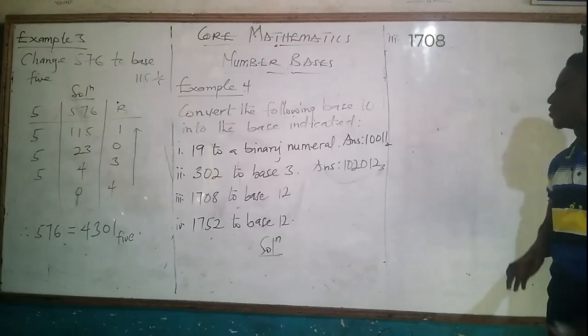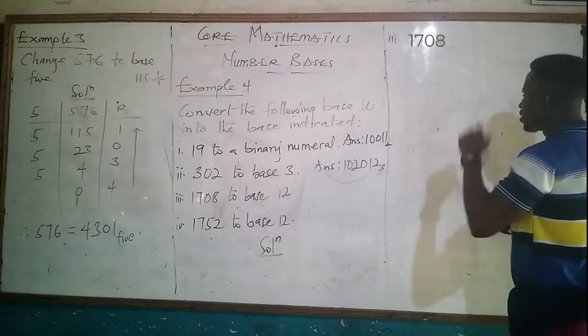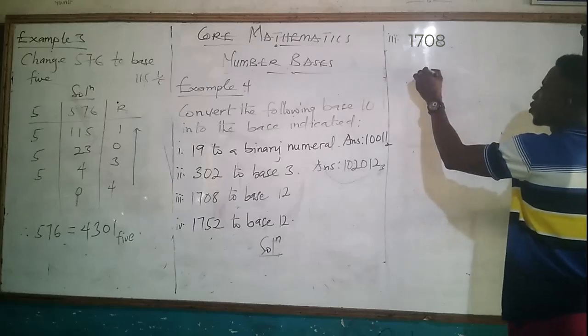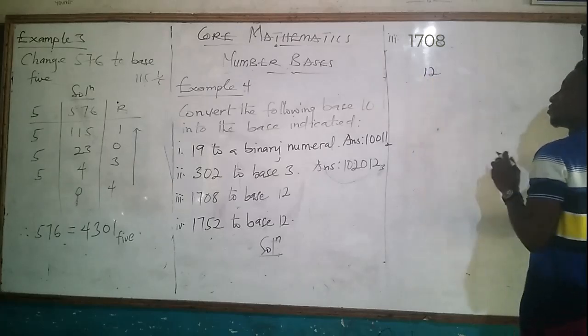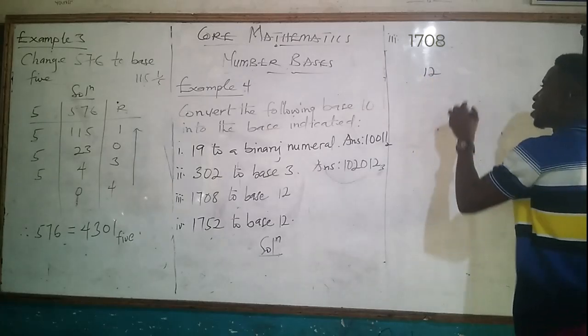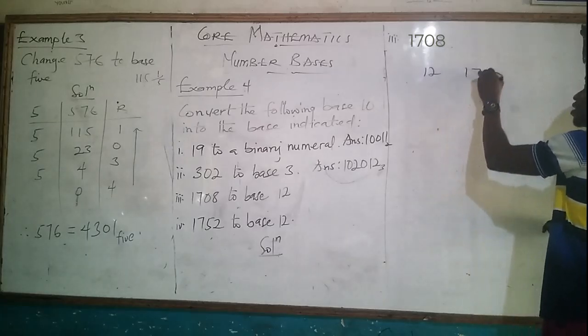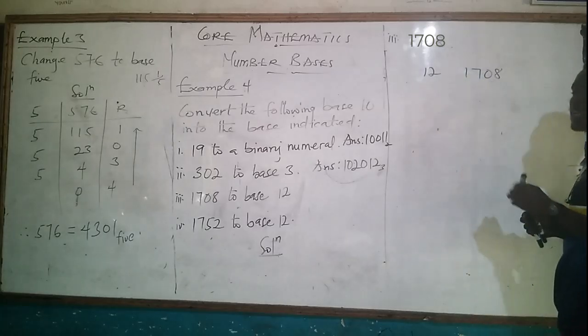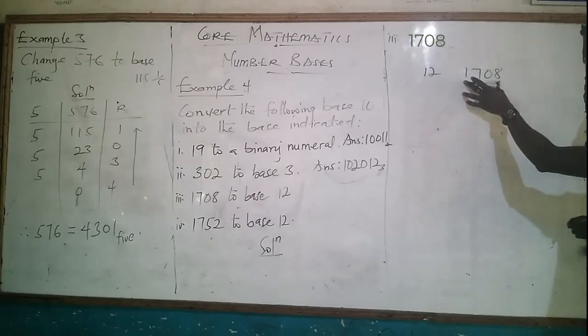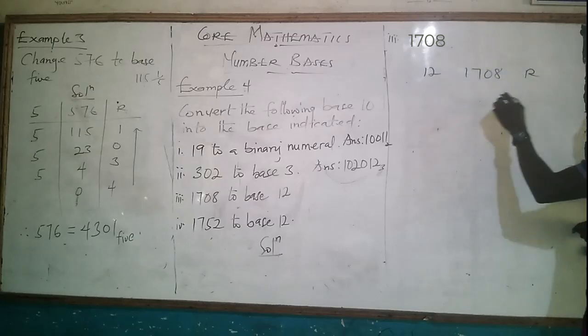So the same thing: I have my 12 as the base number, I have 1708 as the decimal number, and then I have the remainder.